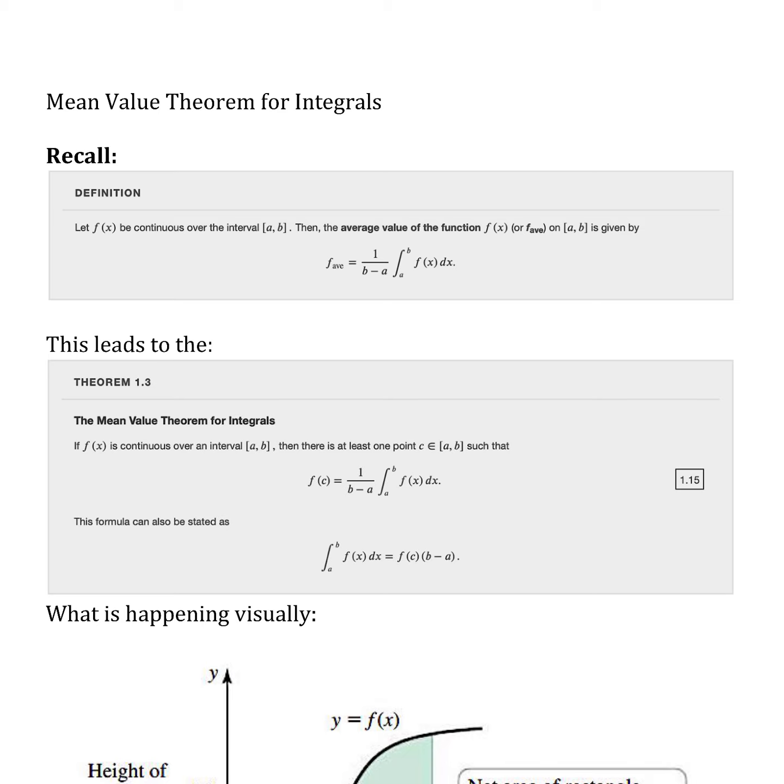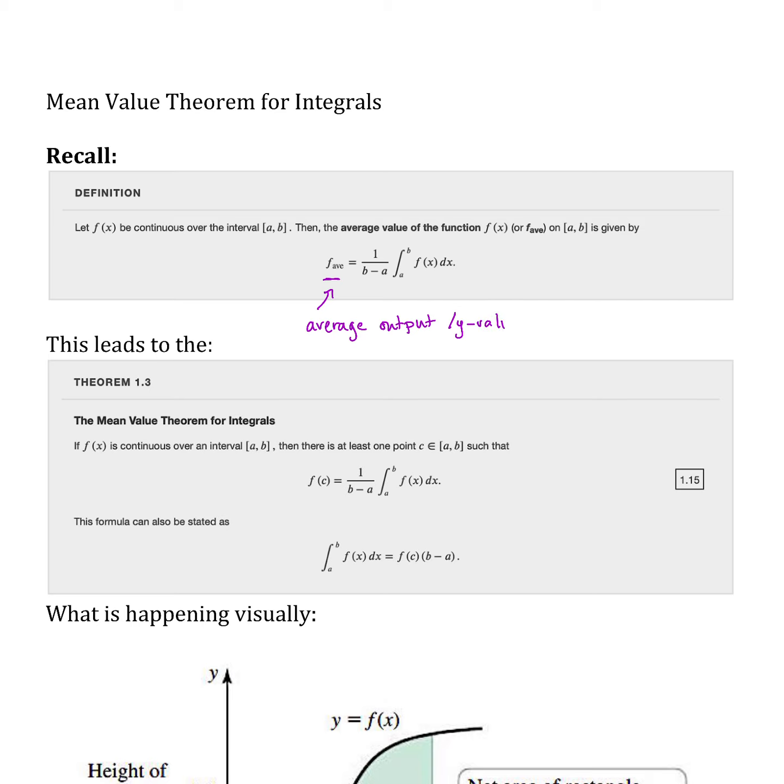First off, I want us to remember a definition that we've seen before, and that's the average value of a function. That again is talking about the average output or y value.